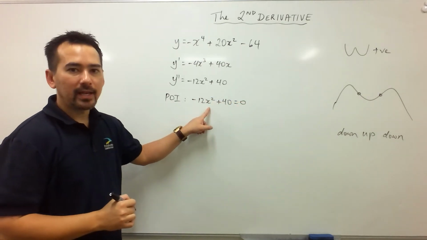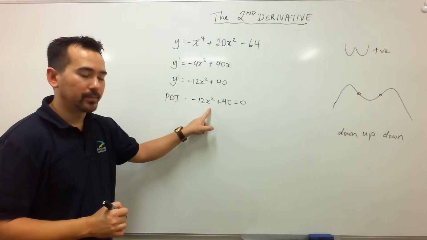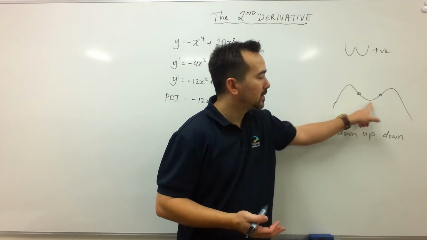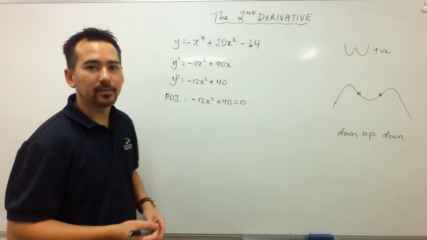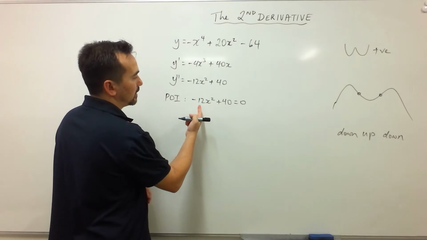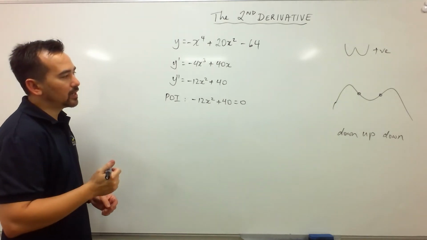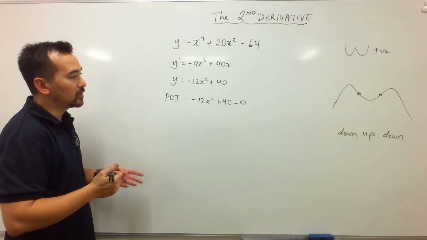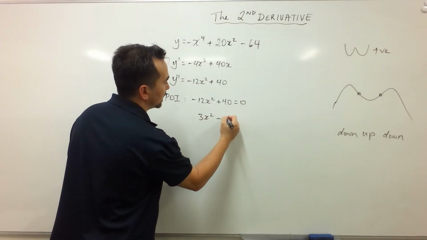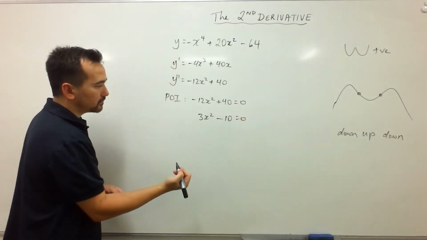Now, we have a quadratic, an x to the power 2. Would that make sense? Well, I'm anticipating up to 2 answers, so yeah, that actually makes a lot of sense. Alright, I have even numbers, so I could divide by 4 in this case, or even negative 4, and I'll get 3x squared take away 10 is equal to 0.